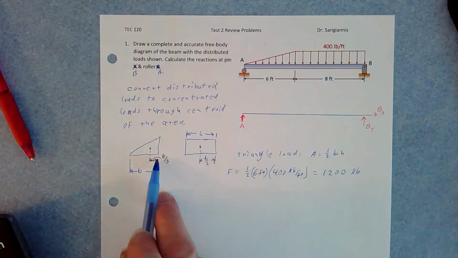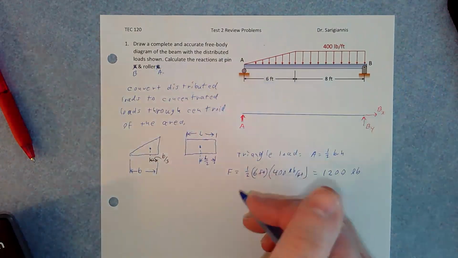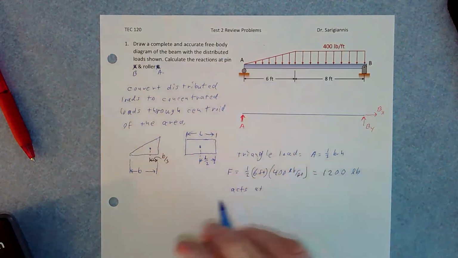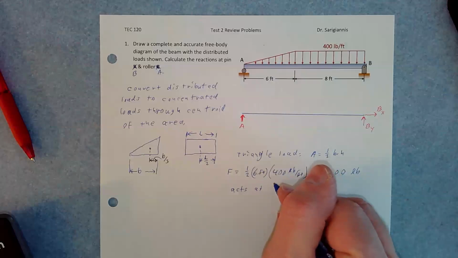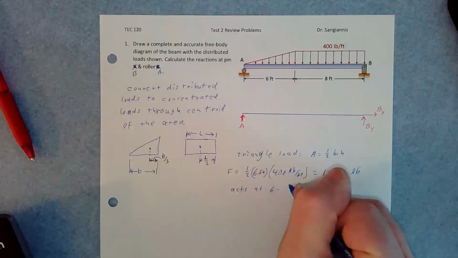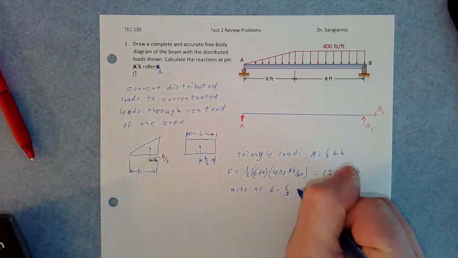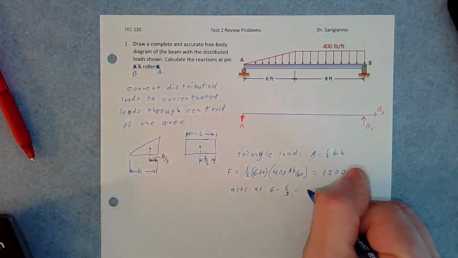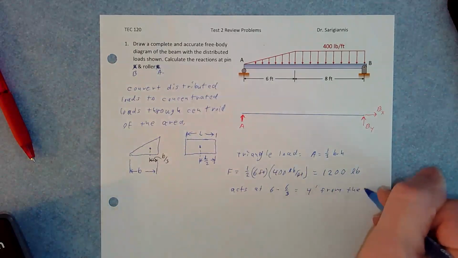And based on the location here of the centroid, this acts at, so our base is 6 feet. From the left, we're going to have 6 minus 6 over 3. So base over 3. Right? So 6 minus 2, this is 4 feet from the left.